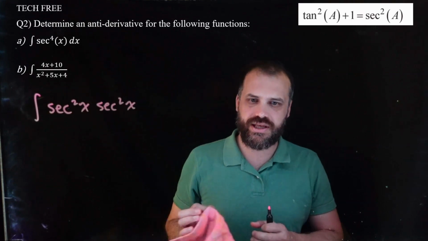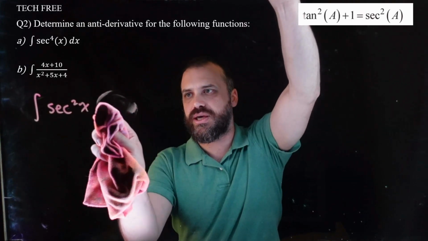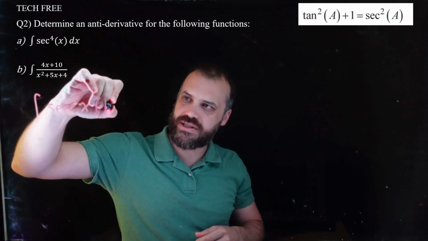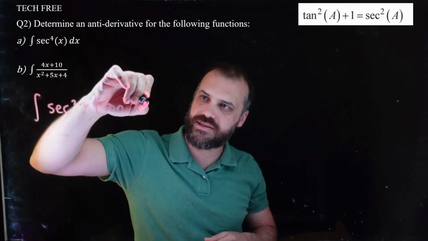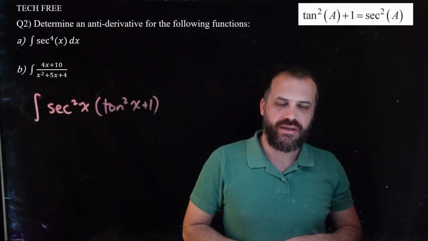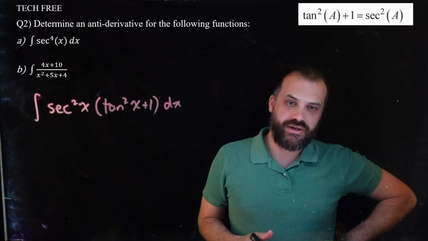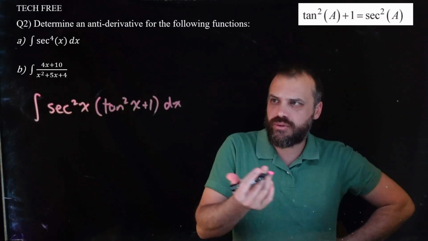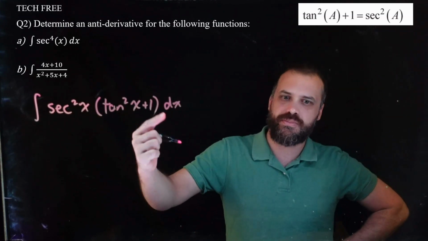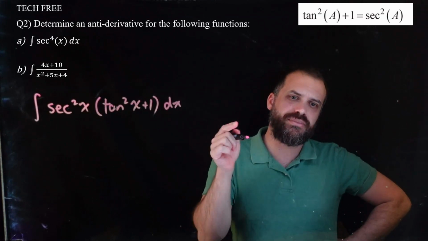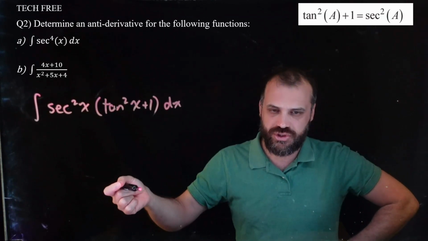Because I can replace that second sec squared x with tan squared x plus 1. And you might look at this and think, why? What would possess a person to do this? The reason is that I'm looking for a way to do u substitution.